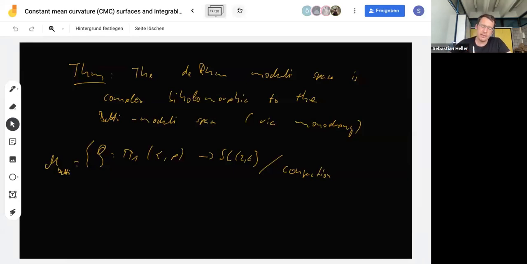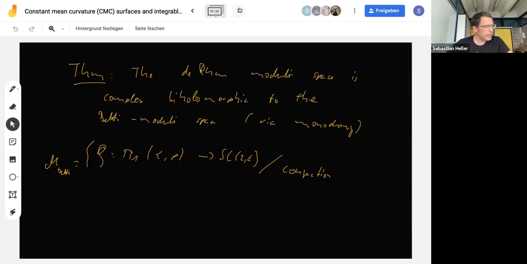So you see that the Betti moduli space is at its smooth points a 6G minus 6-dimensional complex manifold. But the important thing is that it's really equivalent, as a complex manifold, to the Riemann moduli space.